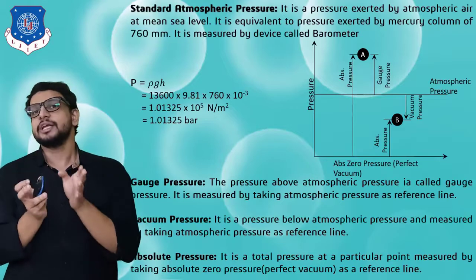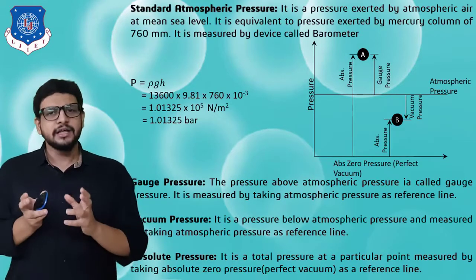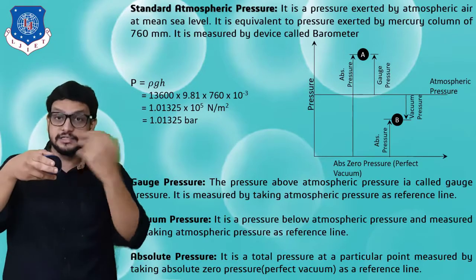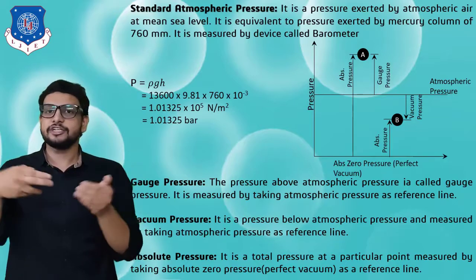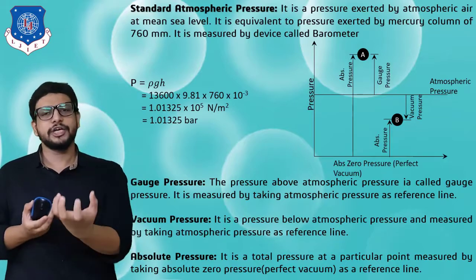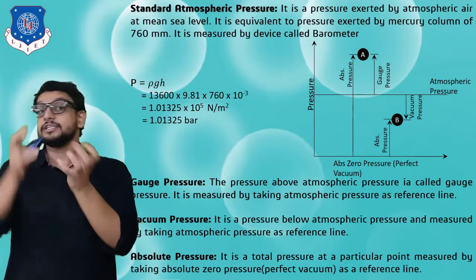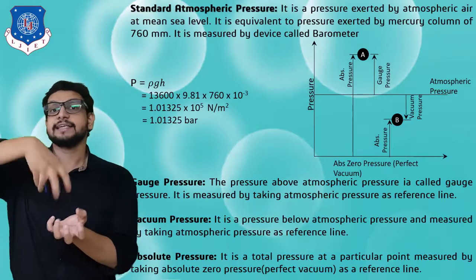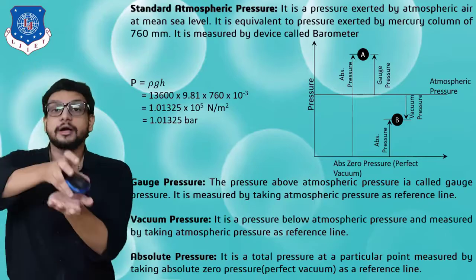Initially, when we are not filling any air in the tire, atmospheric air is present inside the tire as well as outside the tire. So pressure is exerted on both sides, and the shape of the tire is retained. But when the same tire is placed on a surface, that is on a road, and some weight is exerted on it, what is going to happen? It is going to compress.